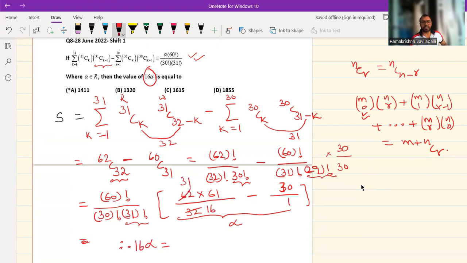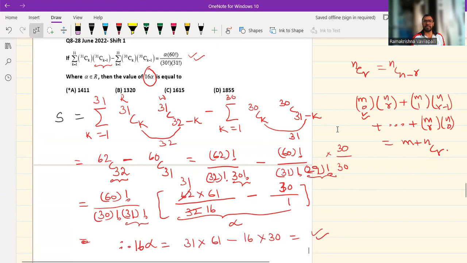So we want 16 alpha, that's equal to 31 into 61 minus 16 into 30. So you can simplify this. We have seen that many questions were asked in previous JEE Mains based on one concept, minimum 3 to 4%.